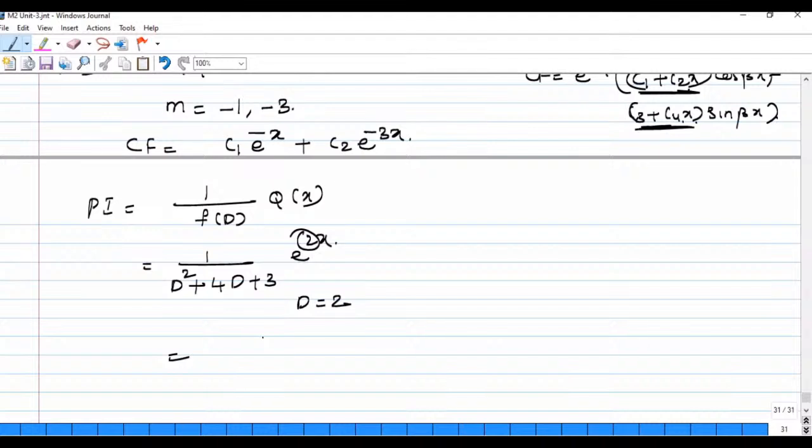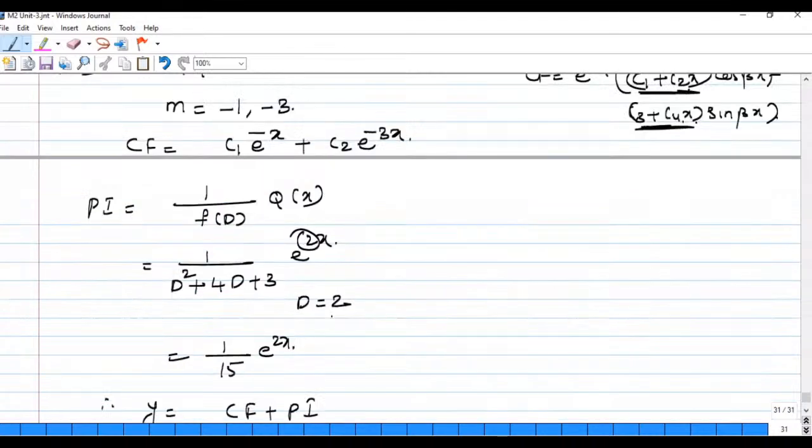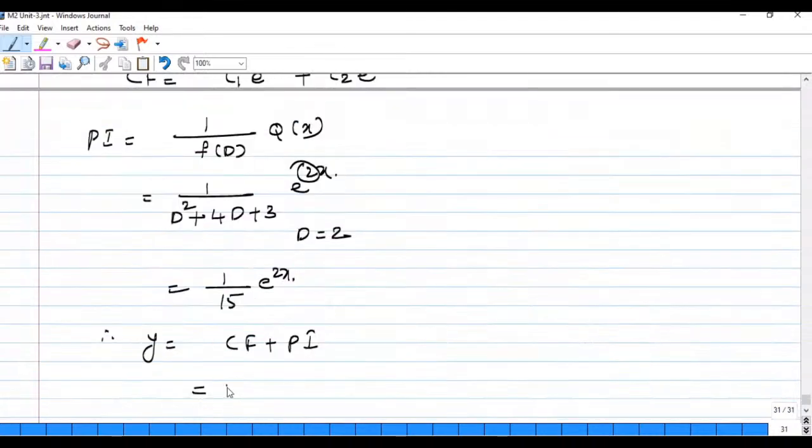If d equal to 2, then what is the denominator? 15. So 1 by 15 e power 2x. This is the PI. Therefore, the complete solution y is equal to complementary function plus particular integral: C1 e power minus x plus C2 e power minus 3x plus 1 by 15 e power 2x. This is the solution.